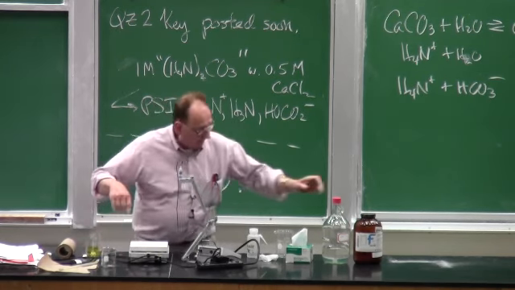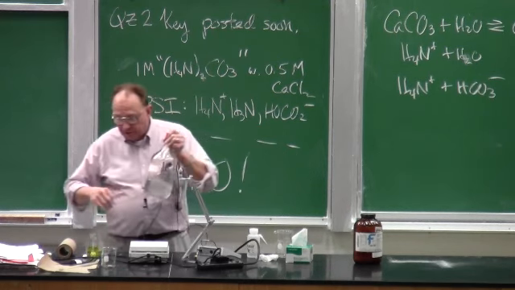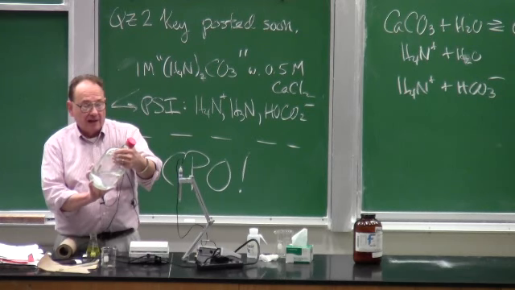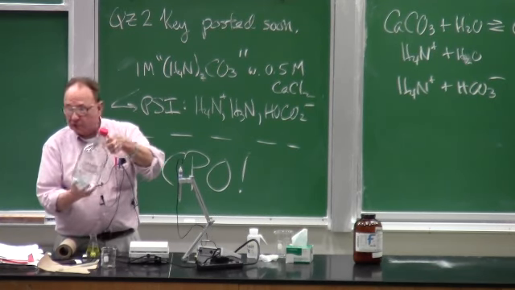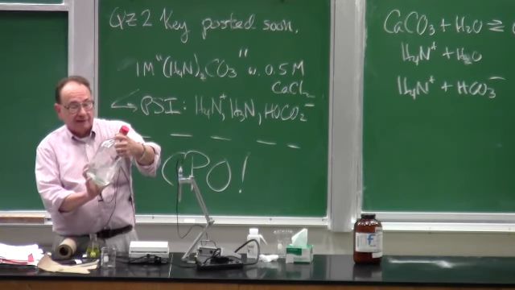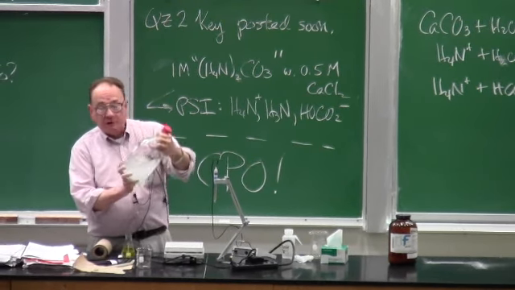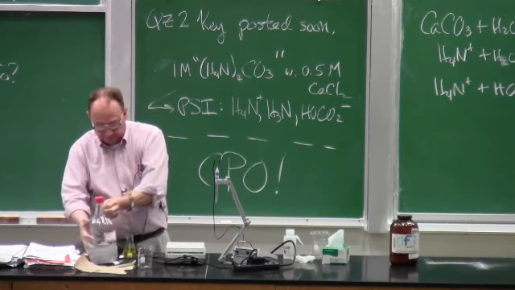What I'm going to do now is I've freshly made, last night, I know the label's too small, I should have made a bigger label, but I was here till after 7 o'clock rushing to get this done, and I was getting tired. 1.0 molar ammonium chloride solution.